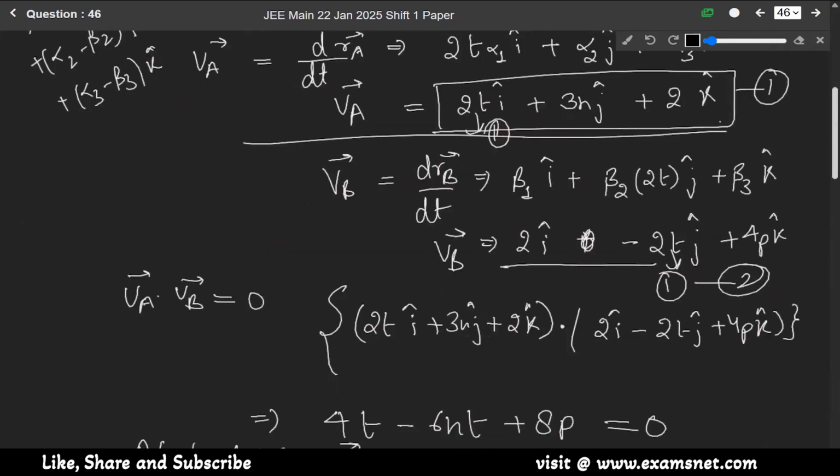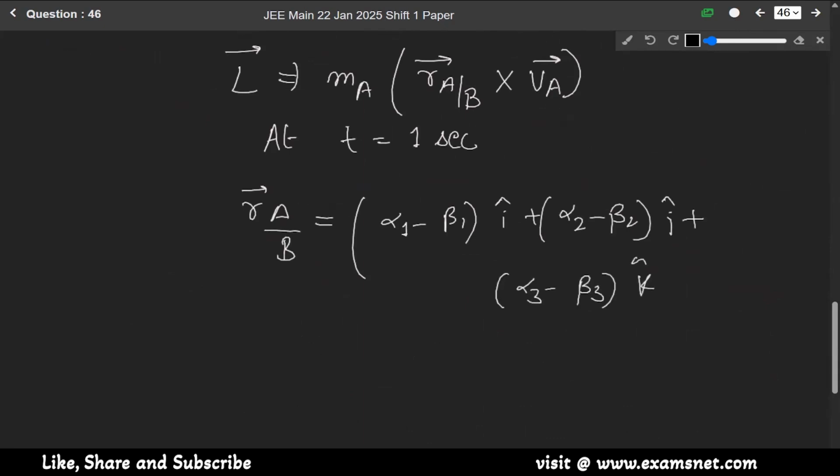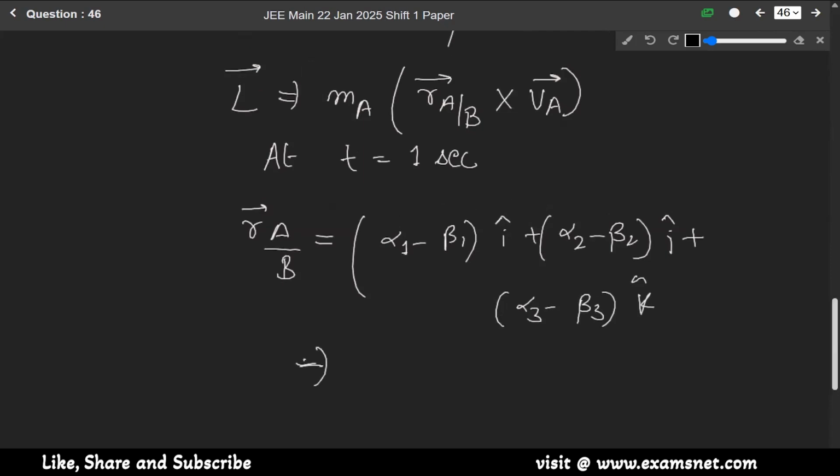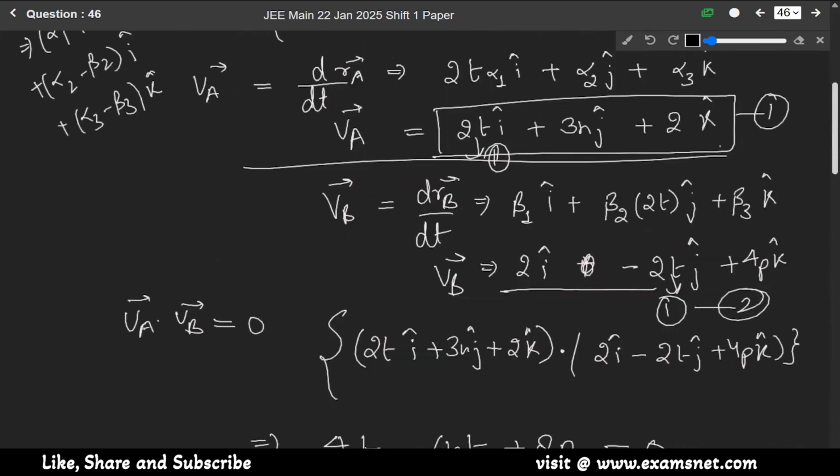Okay, so from here we can write the values of alpha 1, alpha 2, alpha 3, beta 1, beta 2, beta 3.